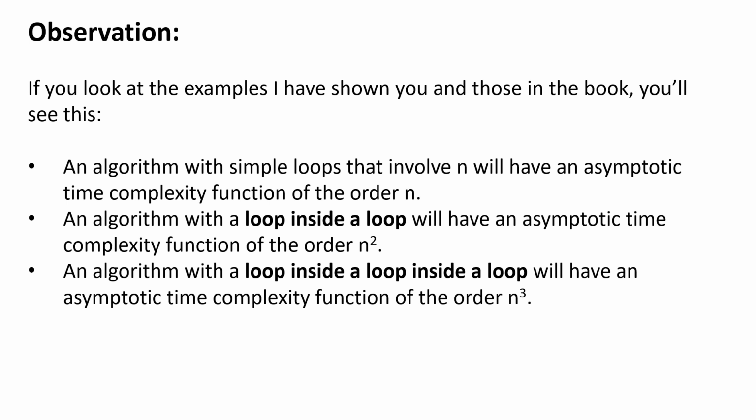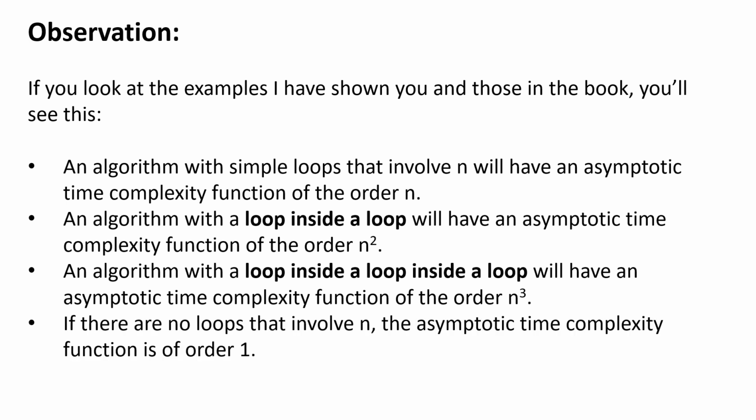So that's a general rule, and I think they will ask you, they'll give you an algorithm, and if they're only asking you what's the order, it's theta of what, then this is what you want to think about in coming up with your answer.